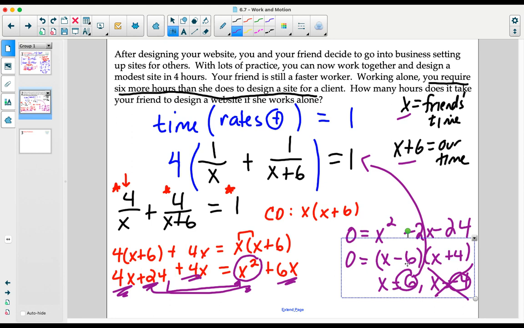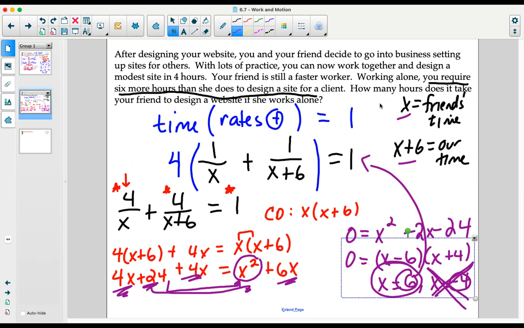We're going to have to use this as our solution, discounting this one because of the context of the problem, not because of any perceived issue with the mathematics. I'm not so concerned with that at this point. I'm more concerned with, are we addressing the context of the problem?